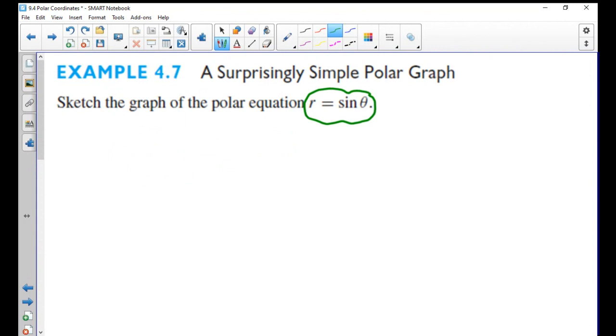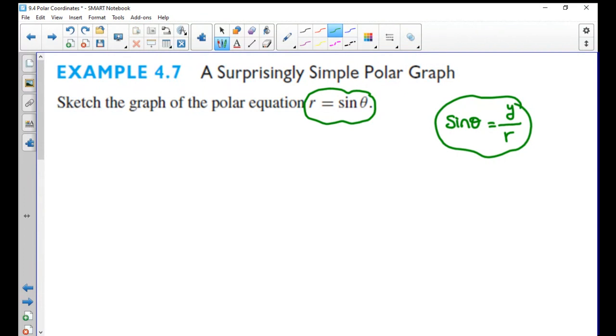To do that, what we often do is change this from polar coordinates to rectangular coordinates x and y. Remember, sine theta was y over r. Do you agree?